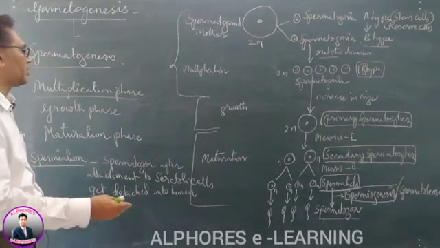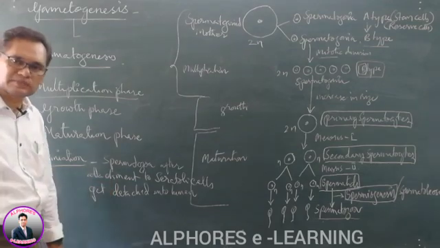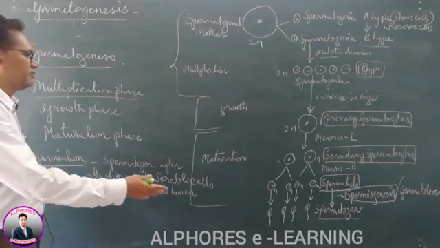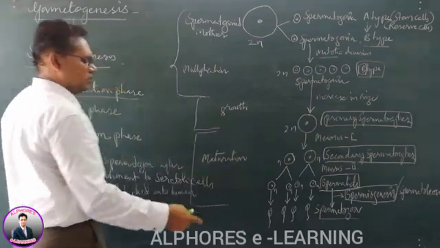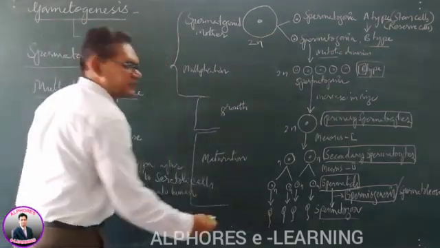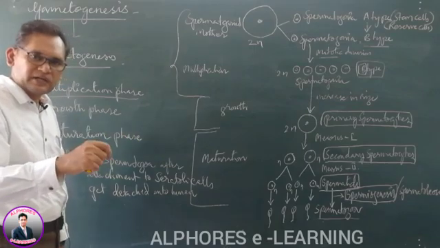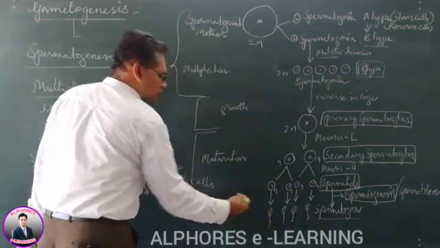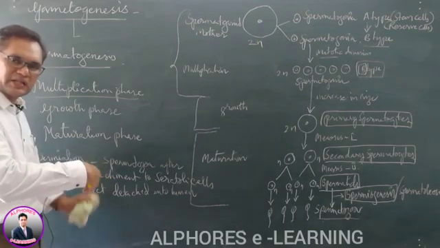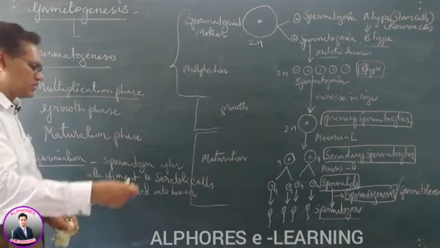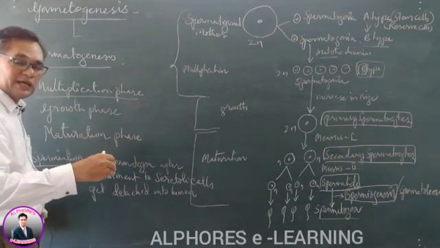This is what happens in the seminiferous tubules: multiplication, growth, maturation. Then the spermatozoa heads get attached to the Sertoli cells, get nourishment and maturity, then detach from the Sertoli cells and come into the lumen of the seminiferous tubule.